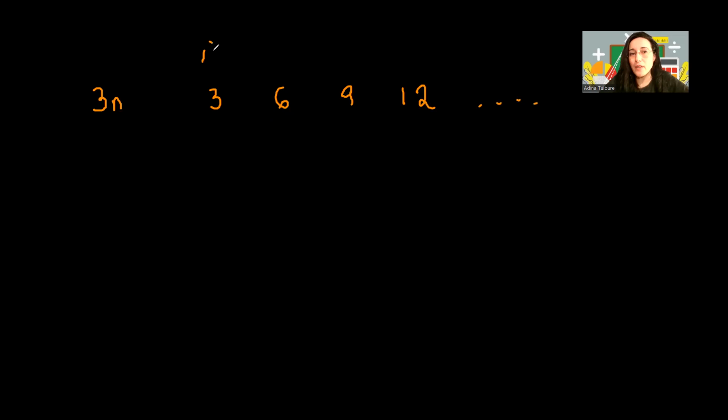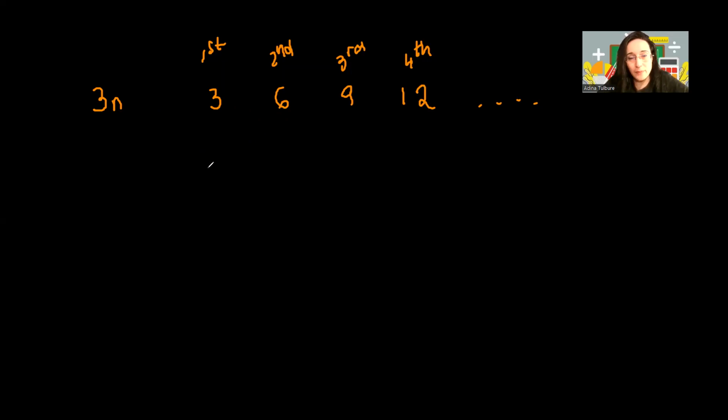We call this the first term, the second term, the third term of the sequence, the fourth, and so on. And this number here is our n, okay? So 3n, 3 times 1 is 3. So 3n means you triple the position and get the value of the term. And this is for 3n, this is the 3 times table.